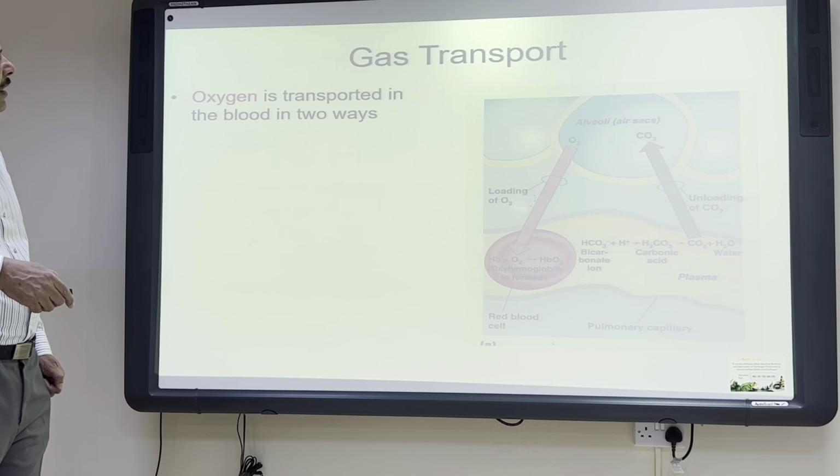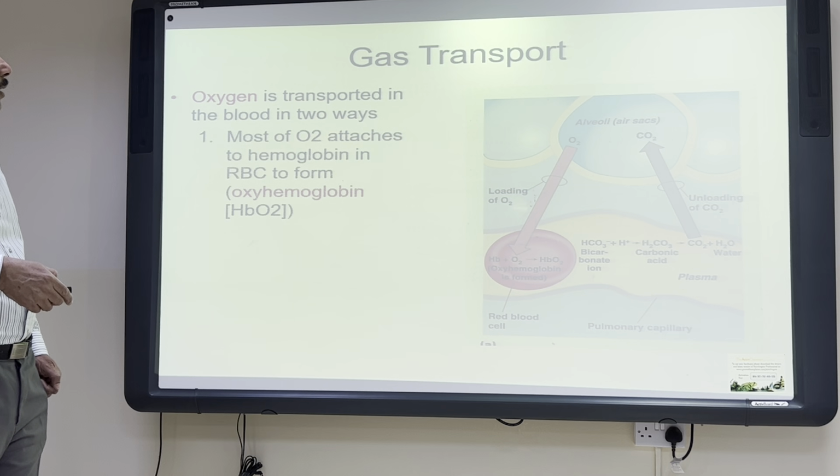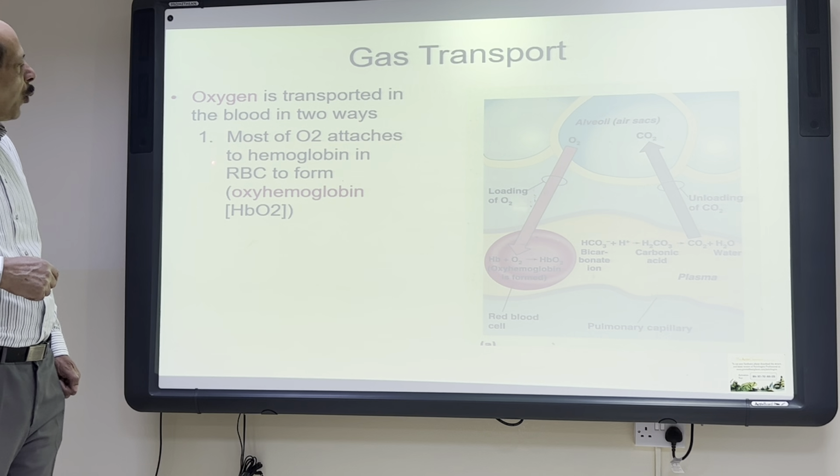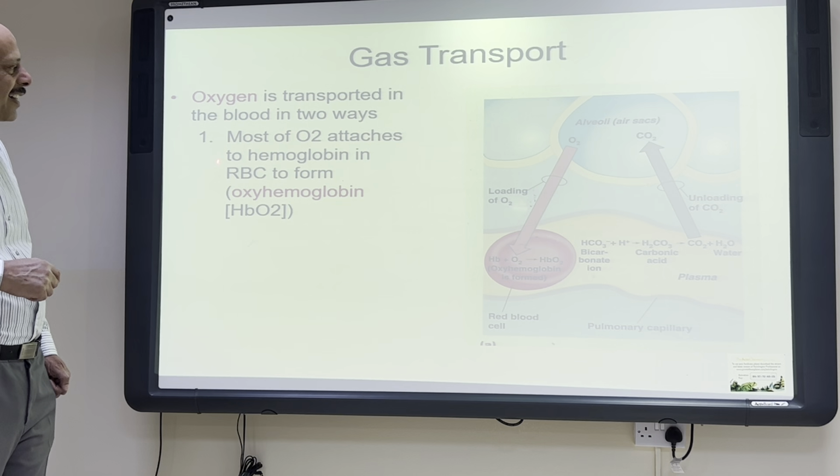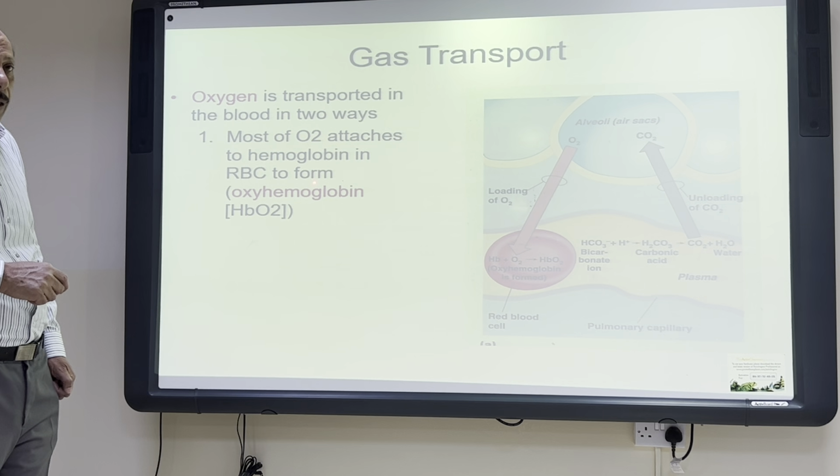Again, the gas transport. The oxygen is transported in the blood in two ways. We mentioned that also before, that most of the oxygen is attached to what? To the hemoglobin. So it will lead to oxyhemoglobin.